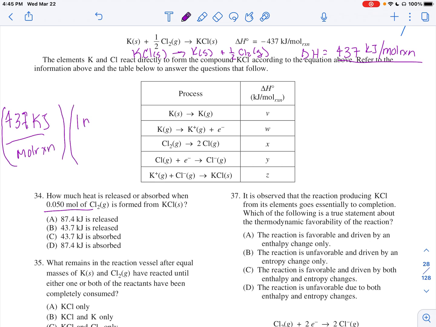And then for every 1 mole reaction, how many moles of CO2 do I have? I just look at the coefficient in the reaction, so it's a half. And then I'll end with the 0.05 moles of CO2.